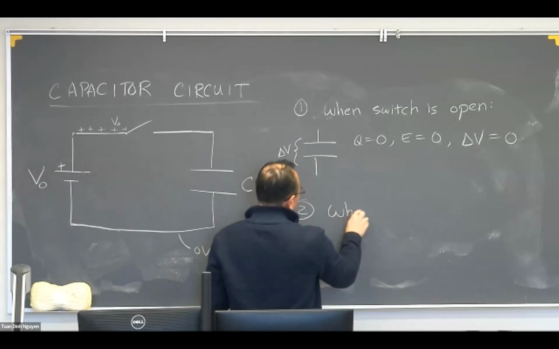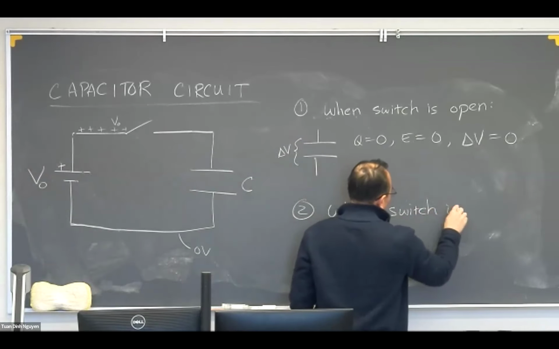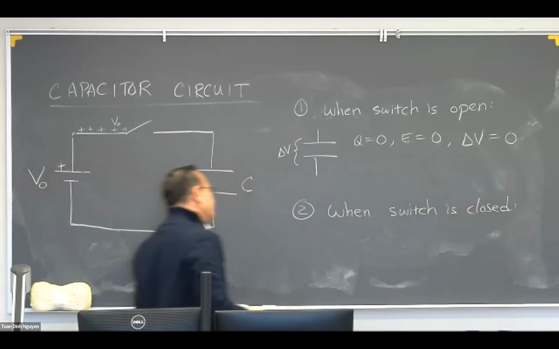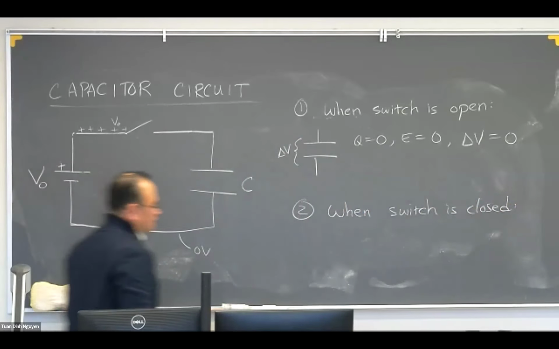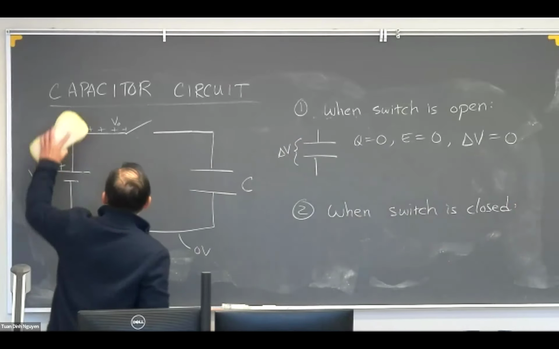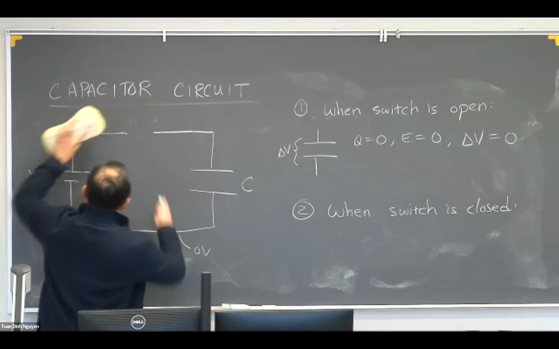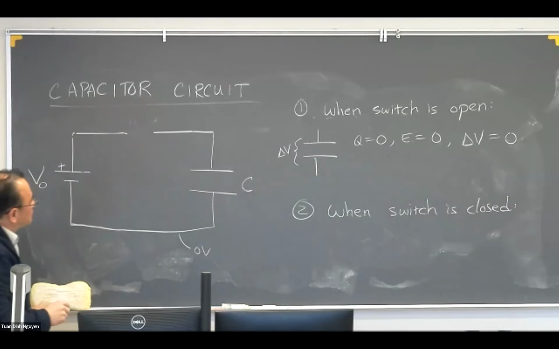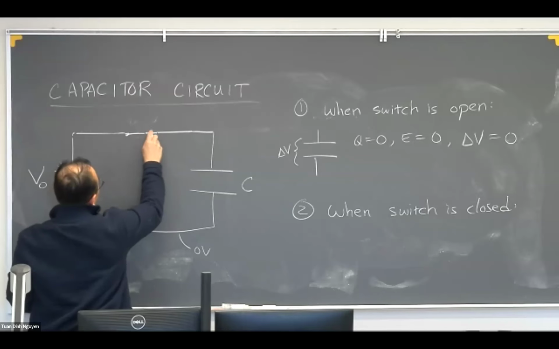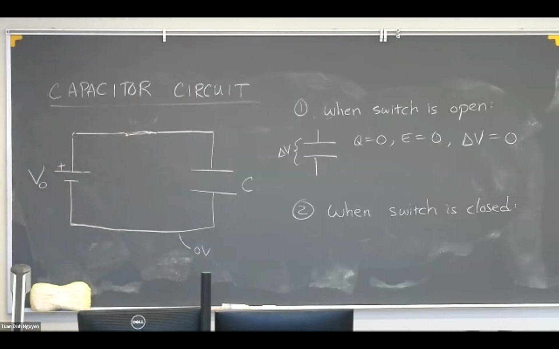Now, when we close the switch, what happens? Instead of redrawing this, I'm just going to erase it. Bam, you close the switch, you connect this up. What do you think happens?